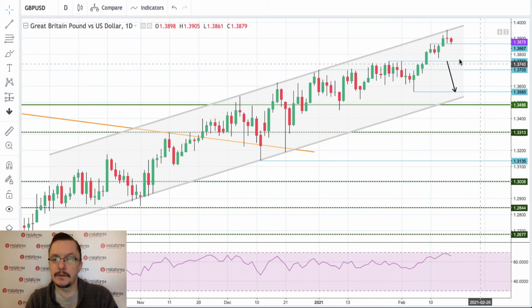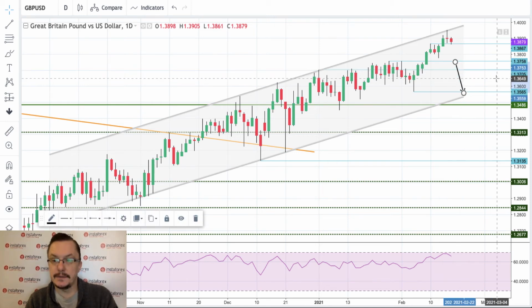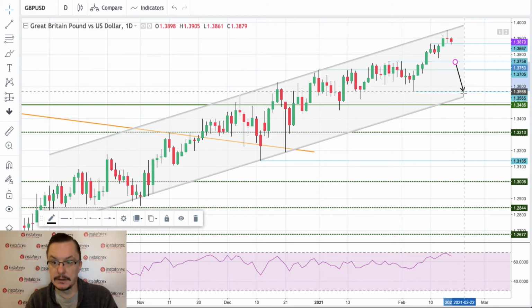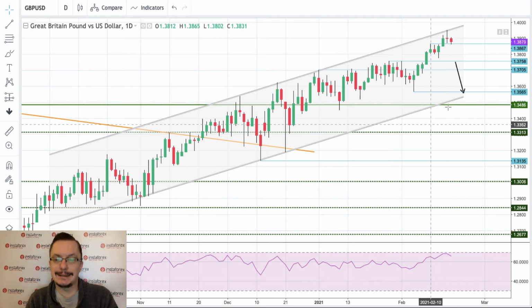If it's violated, then of course we go lower towards 1.3758, and then there's a major scenario in case 1.3758 is violated. Then of course we might go even lower towards 1.3565. The major reversal on this market is confirmed when the market is out of the channel and below 1.3786.